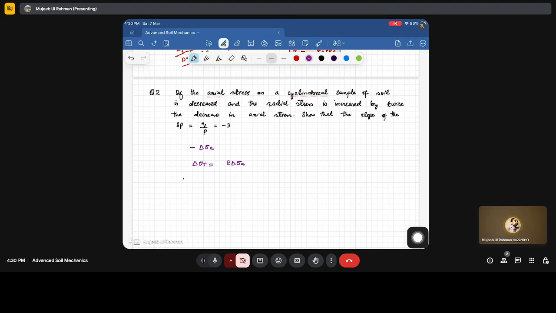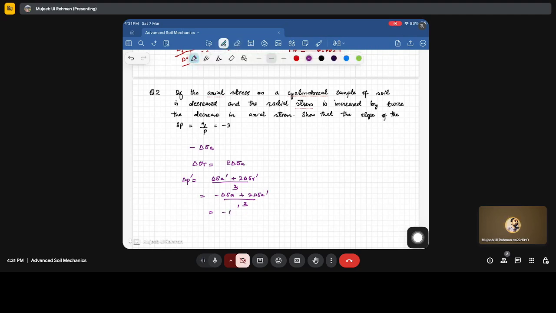So can we determine delta P dash? Delta sigma A dash plus 2 times delta sigma R dash divided by 3. It is minus delta sigma A dash plus 2 delta sigma A dash divided by 3. So it is minus delta sigma A dash divided by 3. Correct? Okay, I made a mistake here.